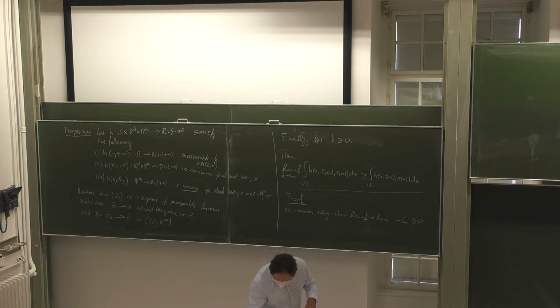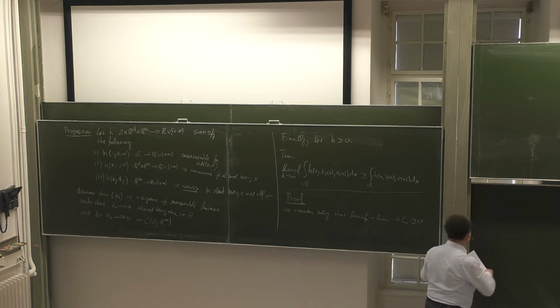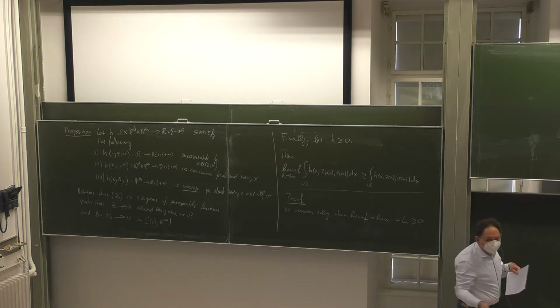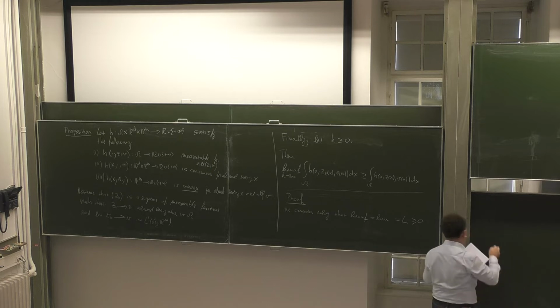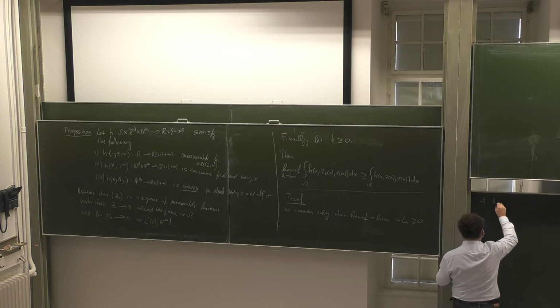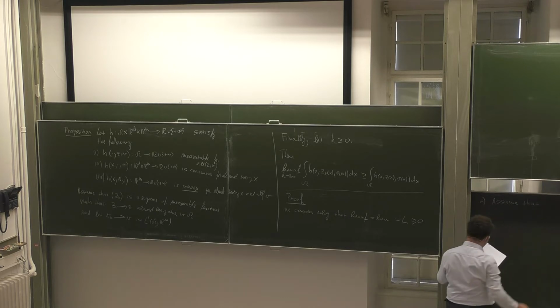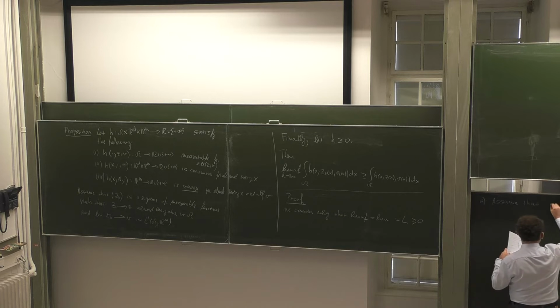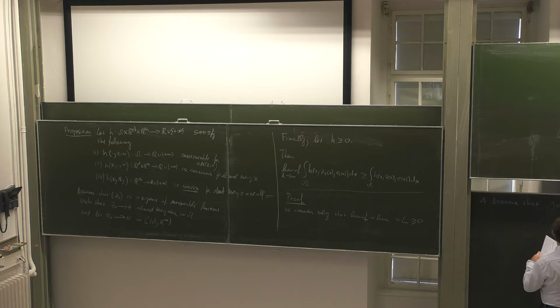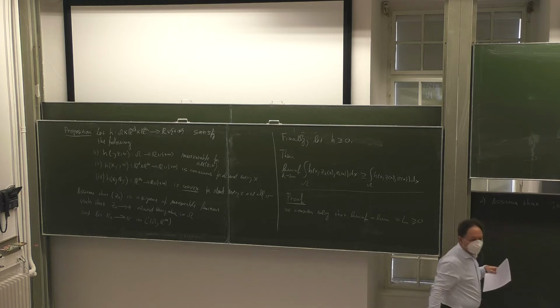Now the proof will be like that: we assume something more and then we remove this assumption. So in the first case, which I maybe call A, assume that g_k goes to 0 in measure. We can assume it because I didn't tell you yet what g_k is, so why not?